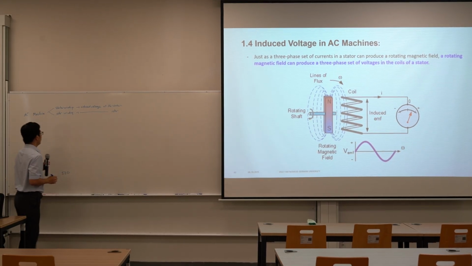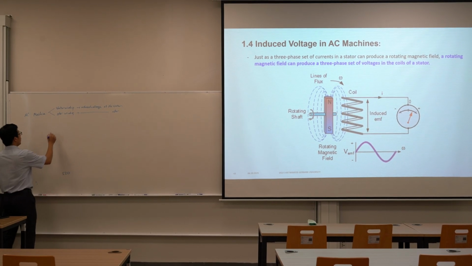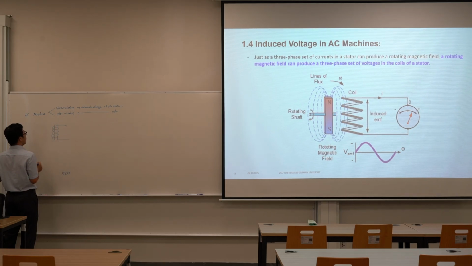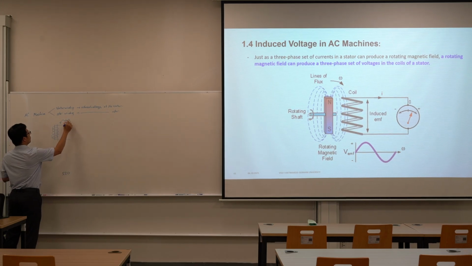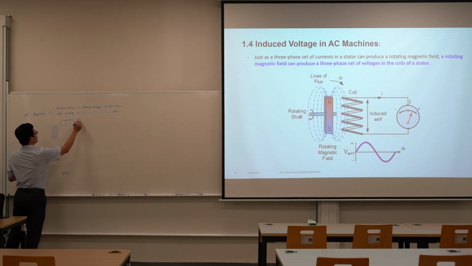For example, we have a magnetic core and we have the winding. Say this one is the stator winding.